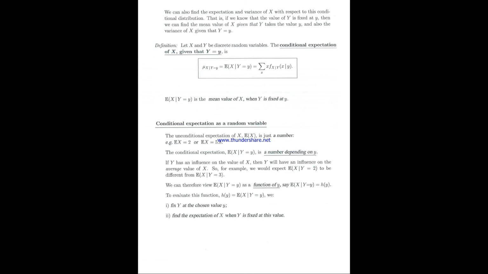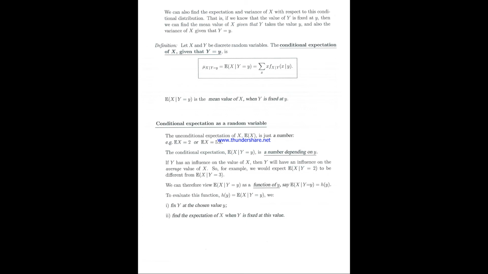Or if you calculate the expected value of x when y is equal to 3, you will receive a number when y is equal to 3. So actually the conditional expectation is a function of y, because since we have fixed y, when y is changing, your expectation is also changing. So you can observe it as a function of y.